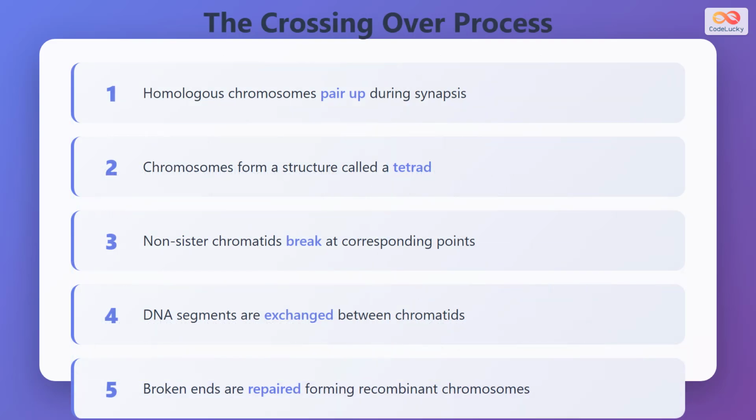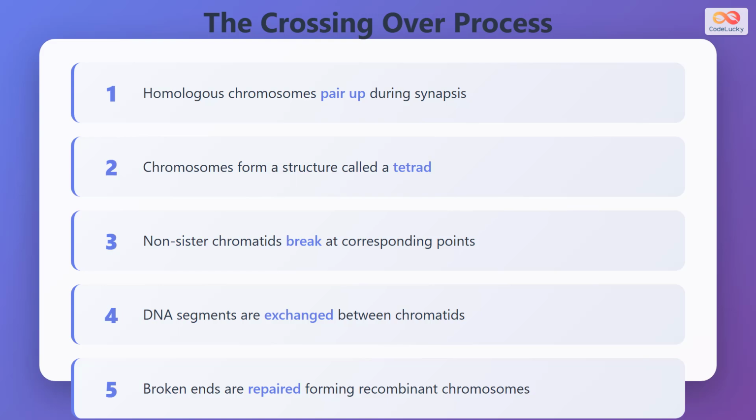Crossing over follows a precise 5-step process. Step 1. Homologous chromosomes pair up during synapsis, aligning themselves side by side. Step 2. These paired chromosomes form a structure called a tetrad, which consists of 4 chromatids, 2 from each chromosome. Step 3. Non-sister chromatids, which are chromatids from different homologous chromosomes, break at corresponding points. It's important that these breaks occur at matching locations.